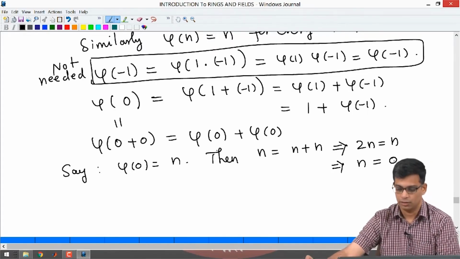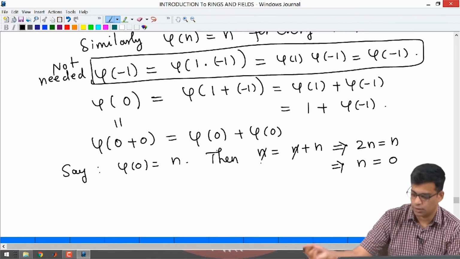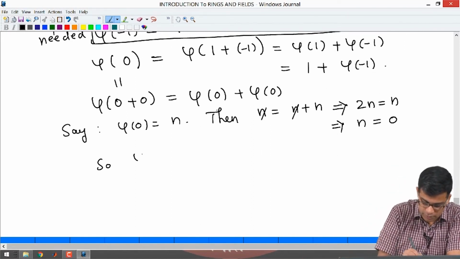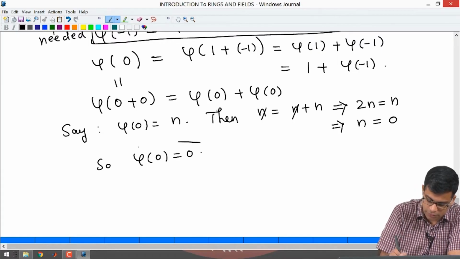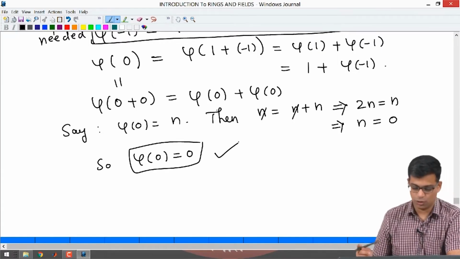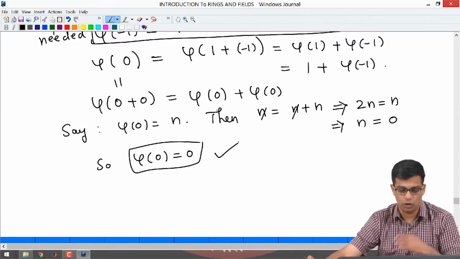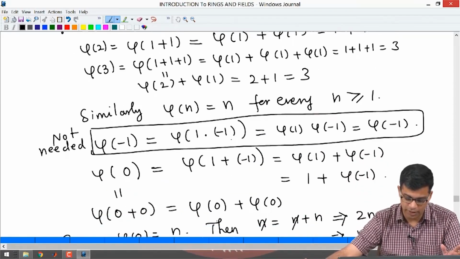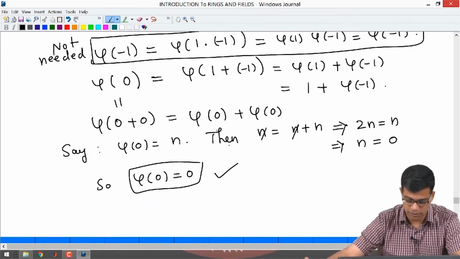In other words, all we are doing is cancelling that. So, n is equal to 0. That means phi of 0 is 0. Okay. So, this I should have said first. Phi of 0 is 0 once you have the property that phi of a plus b is equal to phi of a plus phi of b.